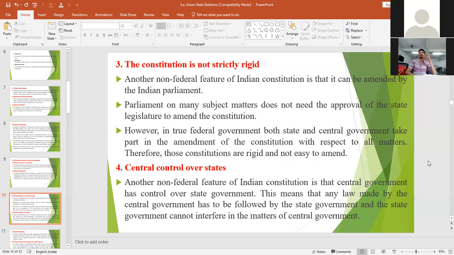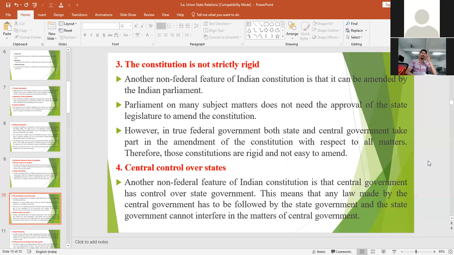There are two procedures, rigid and flexible. In the rigid amendment system, two-thirds of the houses should attend and accept.